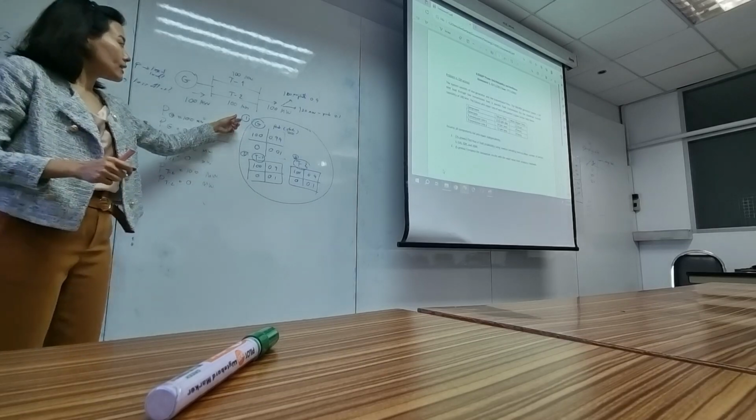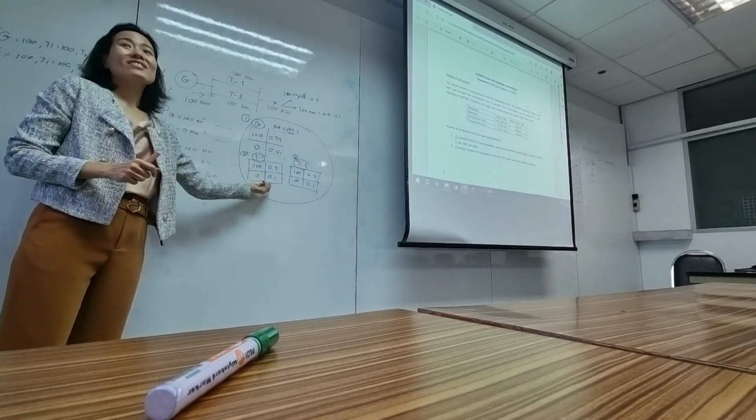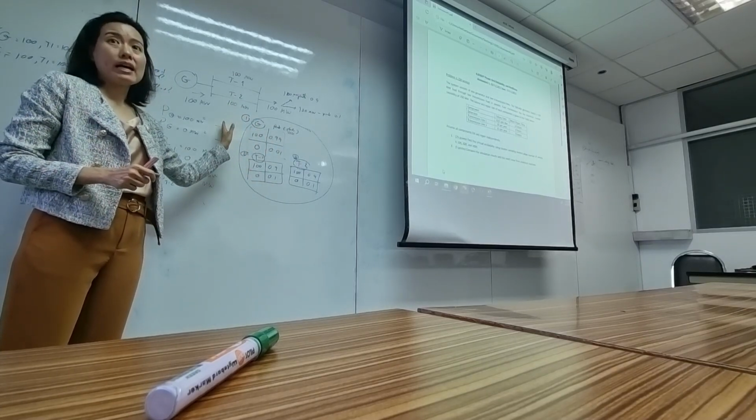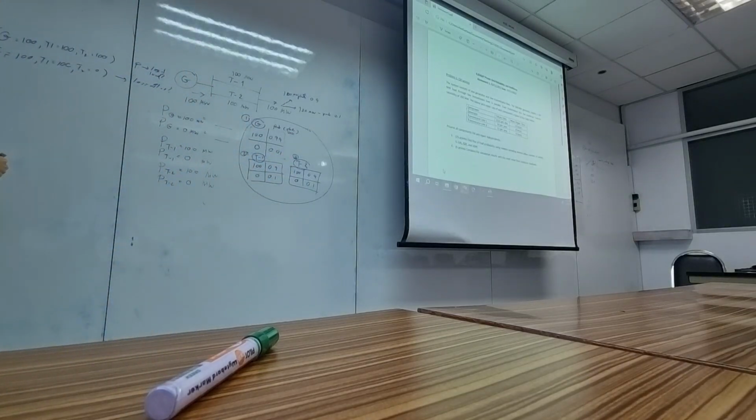Why 3? Because these are associated with its distribution. So these are the random variables. These are the 3 random variables in your system.